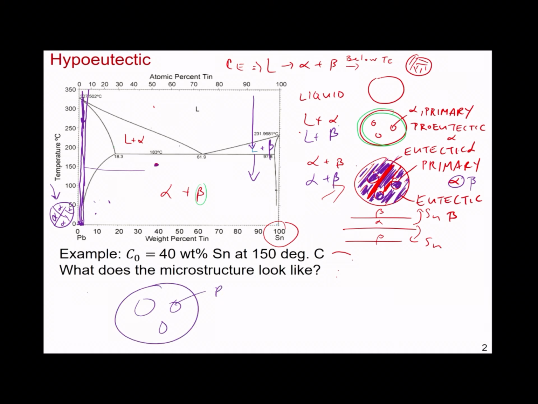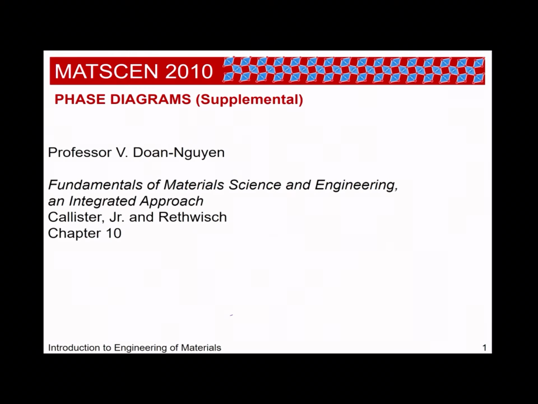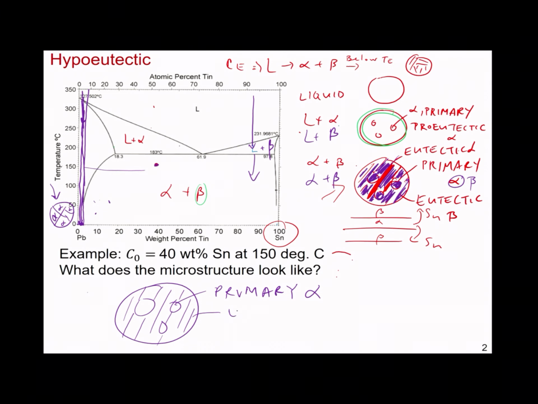Where you have primary alpha, and then you have the eutectic, and that would be complete.